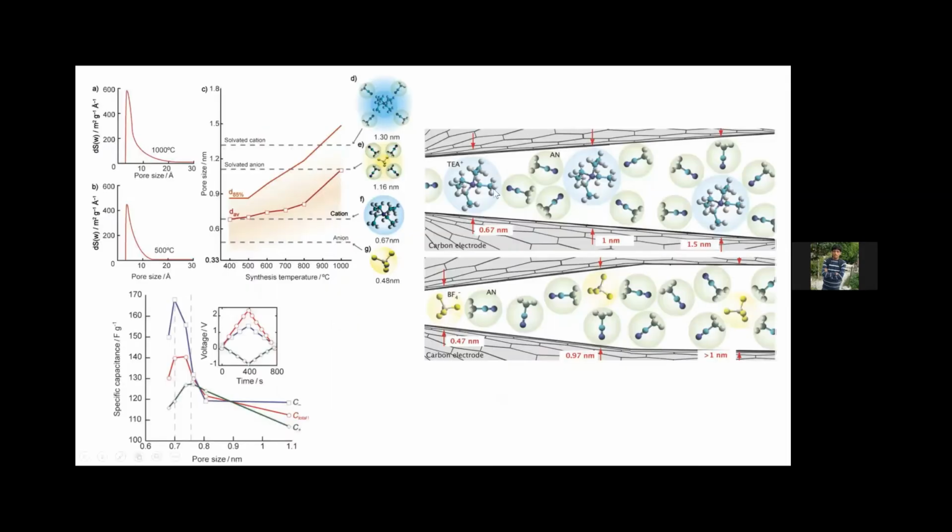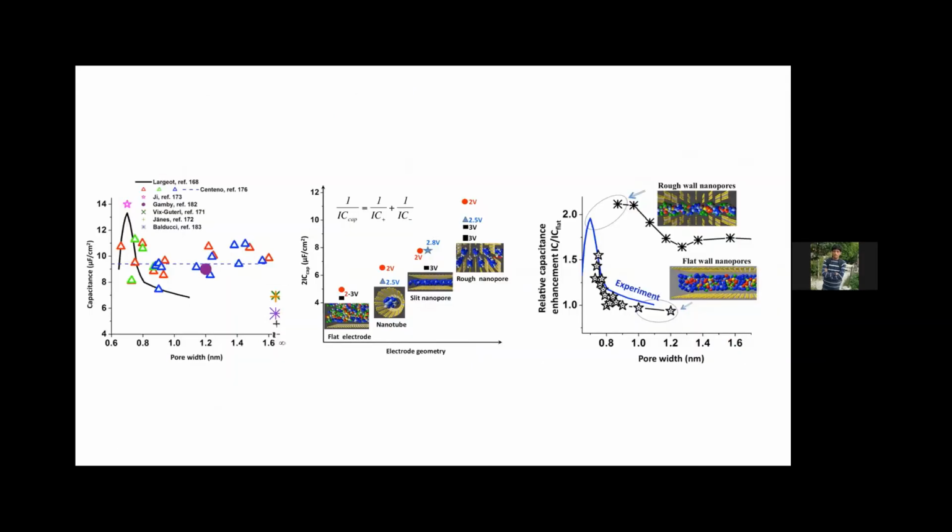And here is how a higher diameter electrolyte can enter, and how a lower diameter electrolyte can enter the pores, as we can see here. And here are the pores, we can see them, and also the diameters.